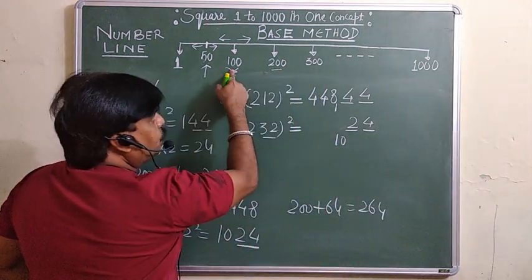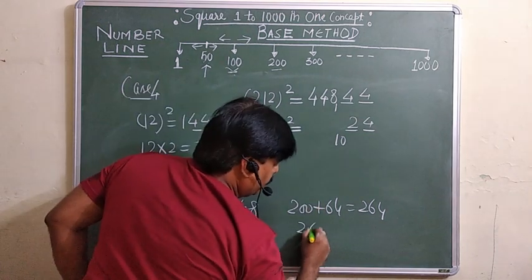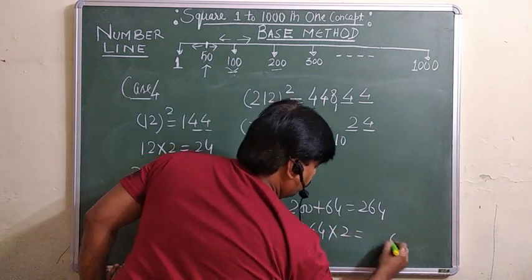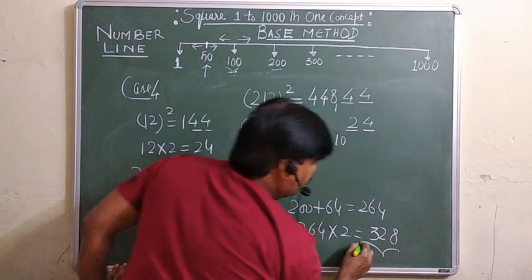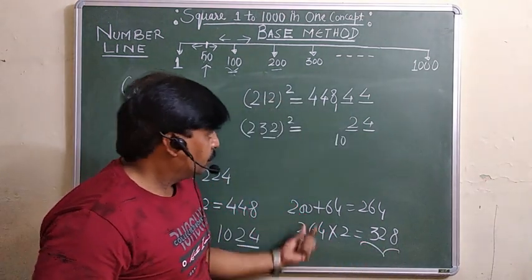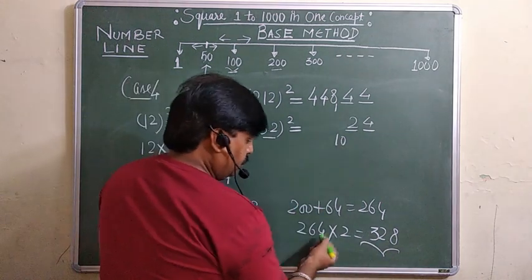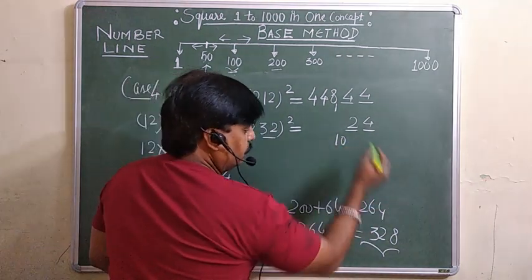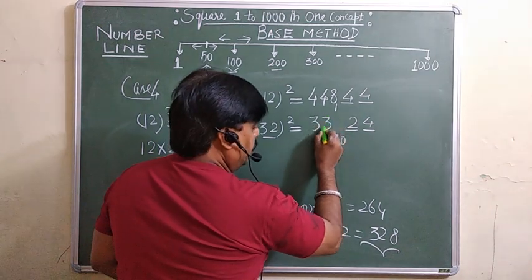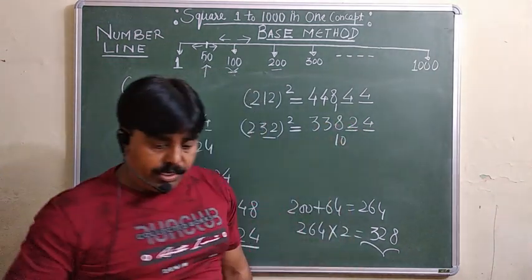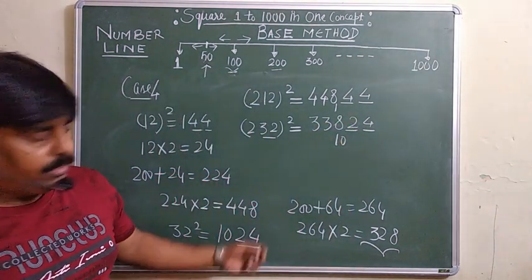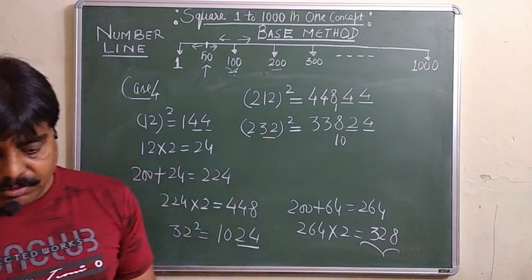But this is twice the base 100, so we must multiply by 2. So this is 528. And in this 528, the carry must be added. So 528 plus 10 is 538. So 53824 is the square of 232. Have a look.